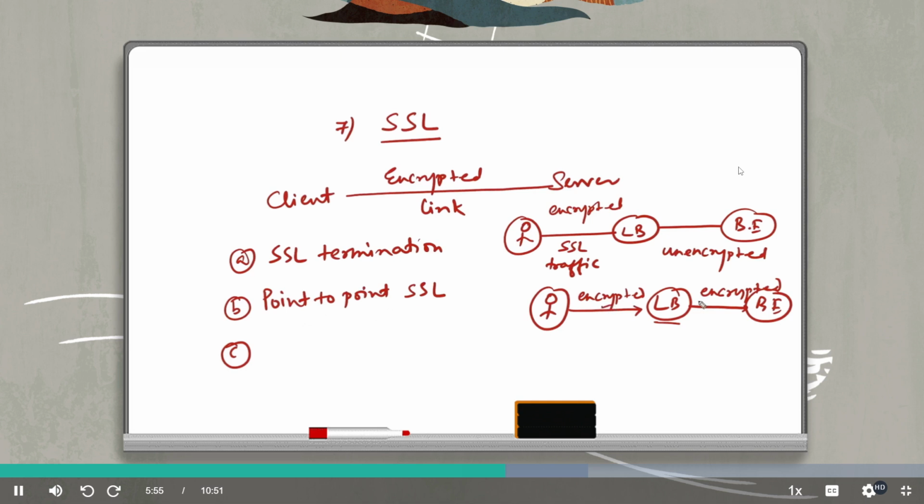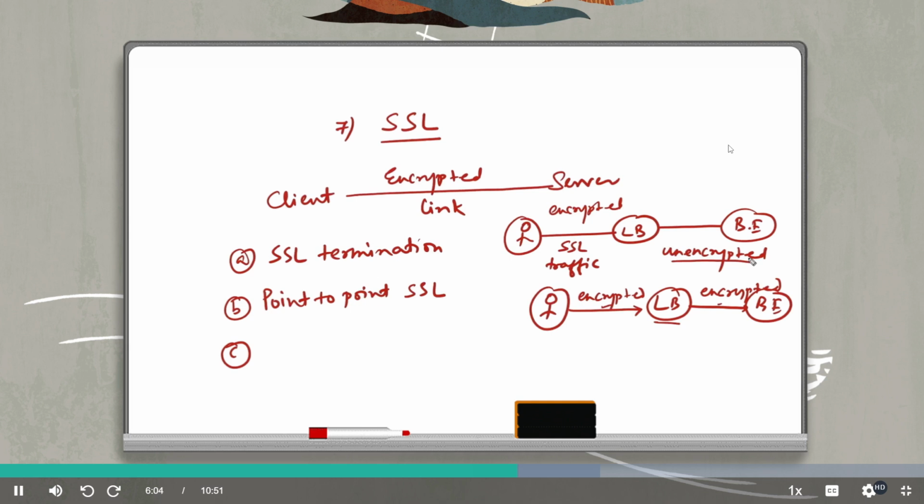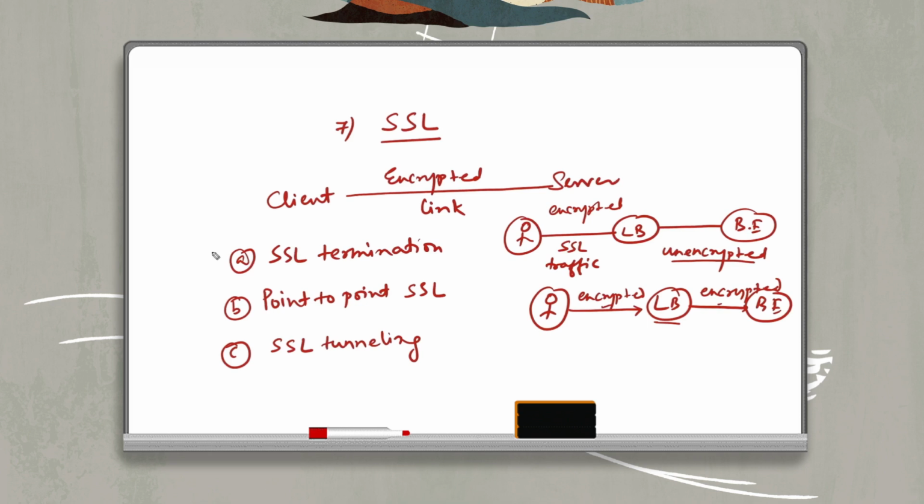So both these will be encrypted, unlike SSL termination where this portion is unencrypted, the communication between the load balancer and the backend instances. The third option is SSL tunneling. So in this scenario, the load balancer is going to tunnel incoming SSL to the backend server or application server. So these are the three different options when it comes to SSL.